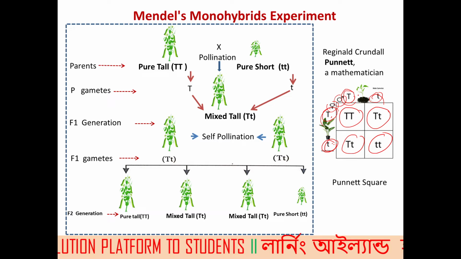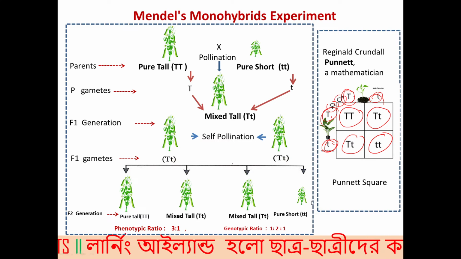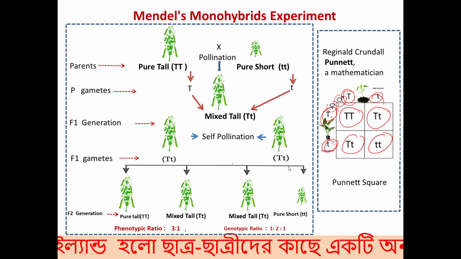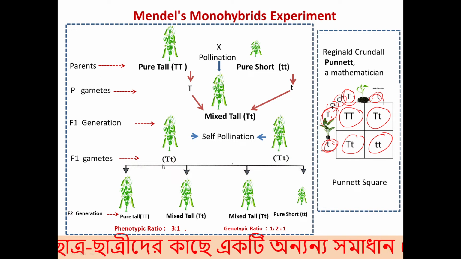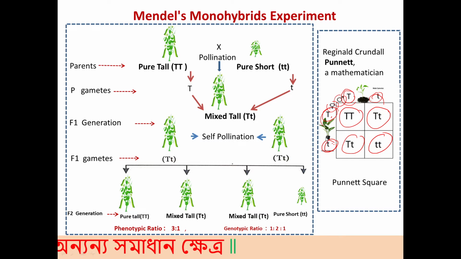So this is the way to find out the offsprings from the gametes taken from the F1 generation. So this is the Punnett square. Now these are the phenotypic ratios and these are the genotypic ratios. So here the checkerboard is on the left side and the Punnett square on the right side.